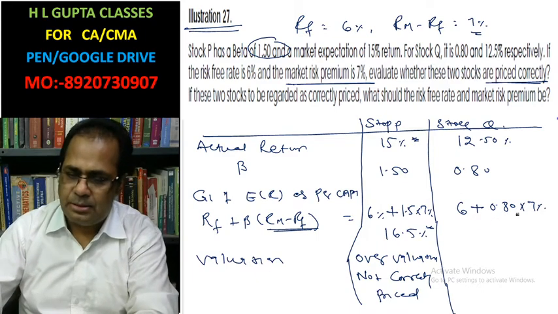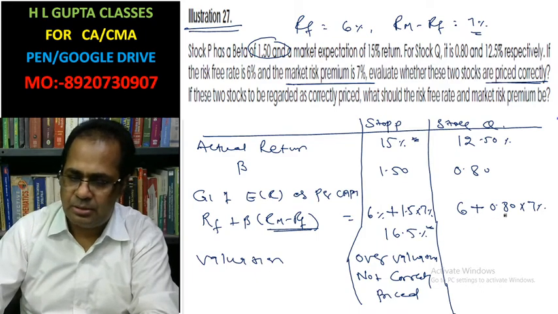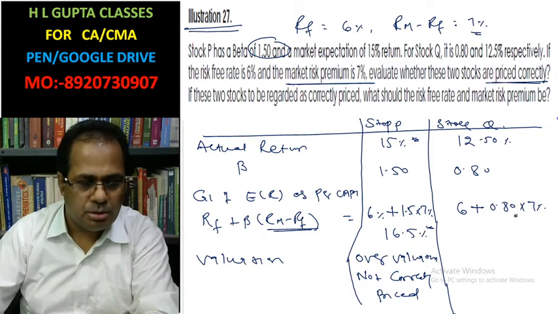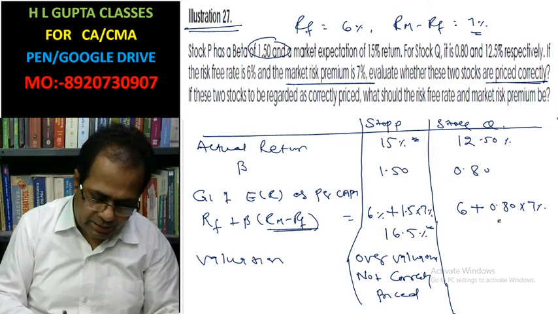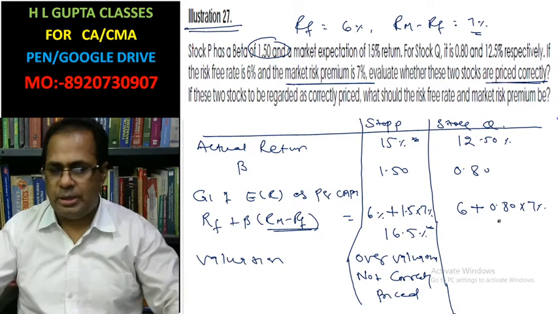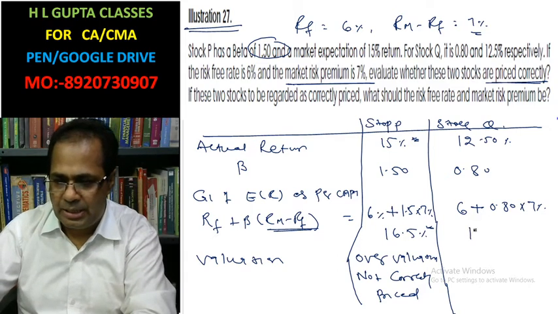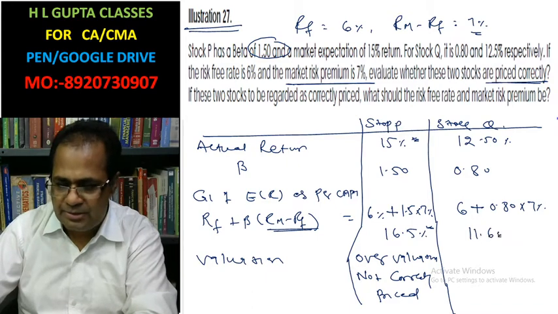Exactly the same for this one. In this case, this is 6% plus 0.8 into 7. What will this be? 7 into 0.8 plus 6, that is 11.6%.